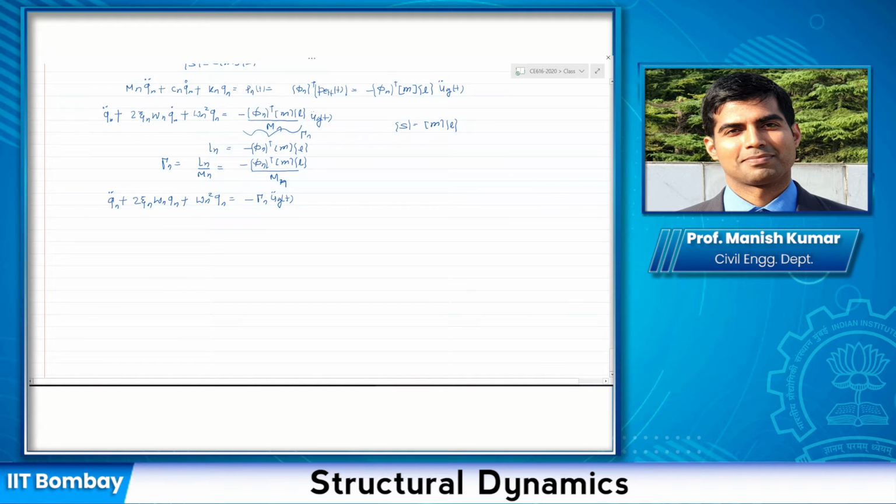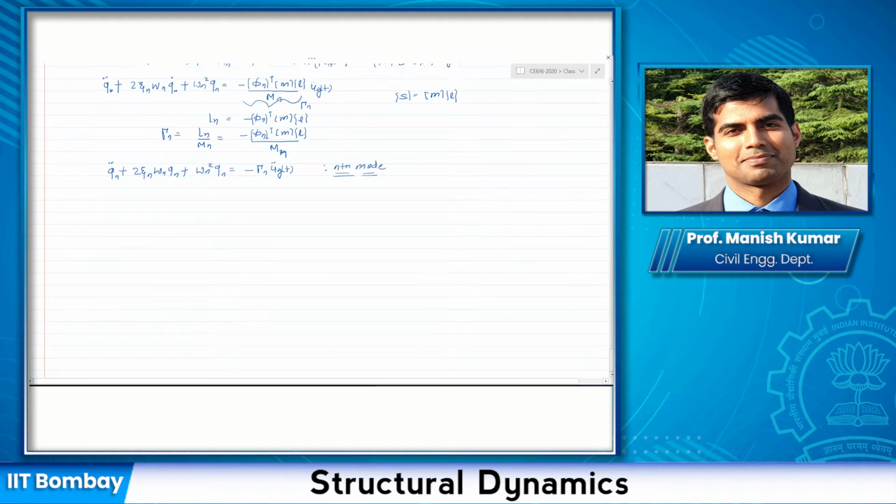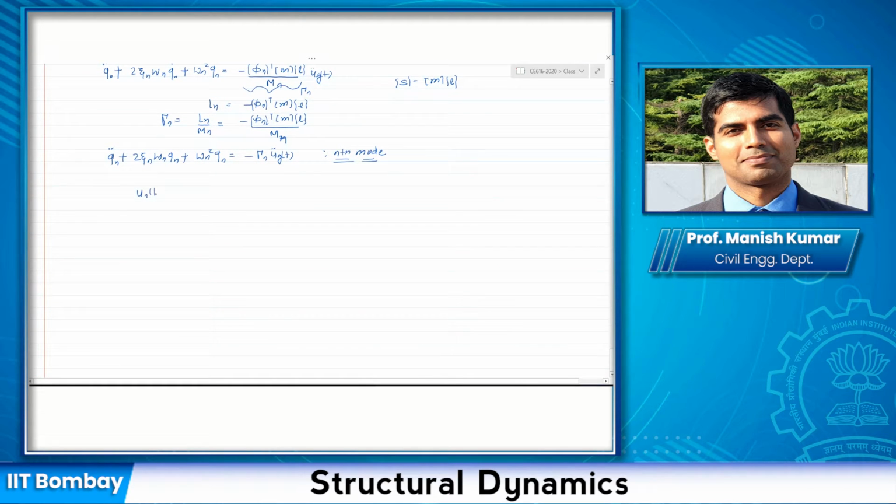So if you are able to solve this equation for the nth mode, then you can do it for all the modes and combine all the modes using this expression here, and you can get the displacement as the contribution of each mode n equal to 1 to n, and this I can write as phi n times qn here. But now for a special case, especially for ground motion, qnt can be represented as gamma n times phi n times dnt.